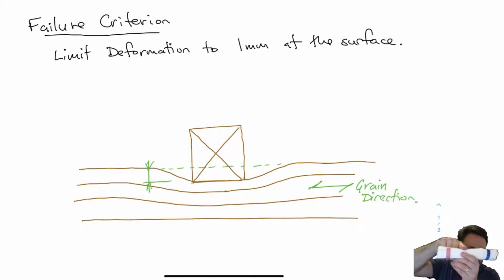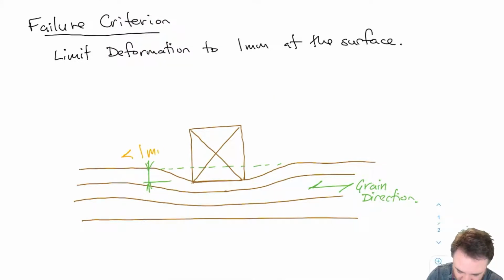But it's a bit of a local effect in that not all of the fibers throughout the thickness are necessarily affected, although there are some important cases where they would be. But you'll see that it's a local effect where we have smushing of the fibers near the surface, and then eventually the fibers below remain straight. And the limit on this deflection is that this deflection that I'm showing here in green is less than 1 millimeter.